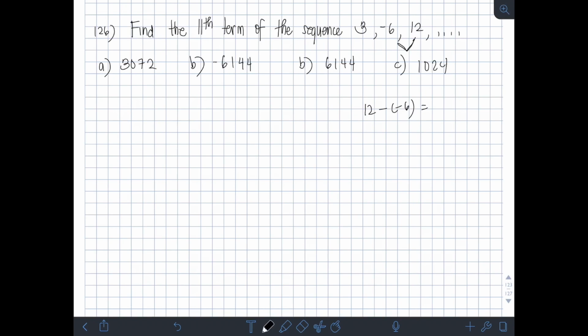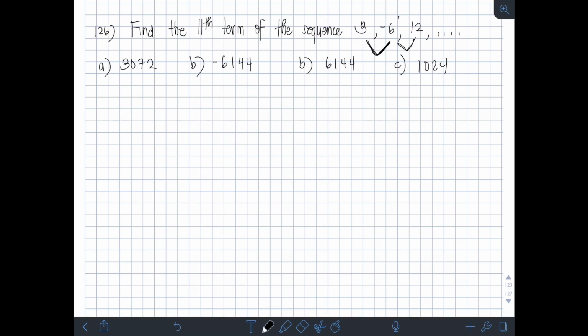So 12 minus negative 6 is 18, right? Then, compare natin kung magiging common din ba pag sinubtract natin tong negative 6 minus 3. So, negative 6 minus 3 is negative 9. So, hindi equal yung common difference nila, right? So, therefore, hindi to arithmetic sequence.